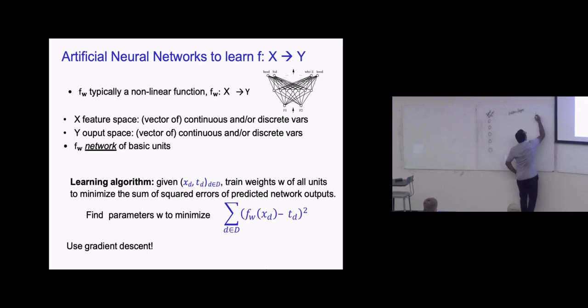And there is the output layer. And there will be some units in the hidden layer as well. And there will be some output neurons, right?